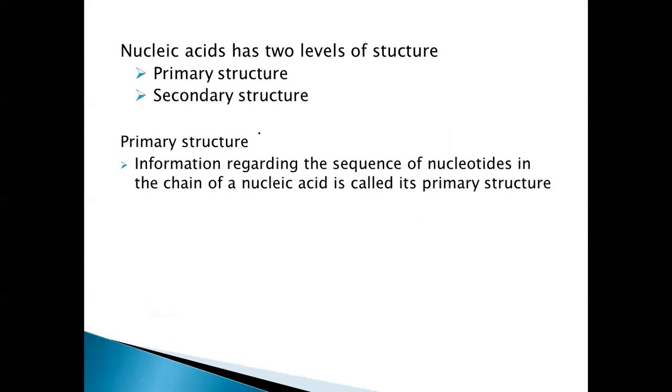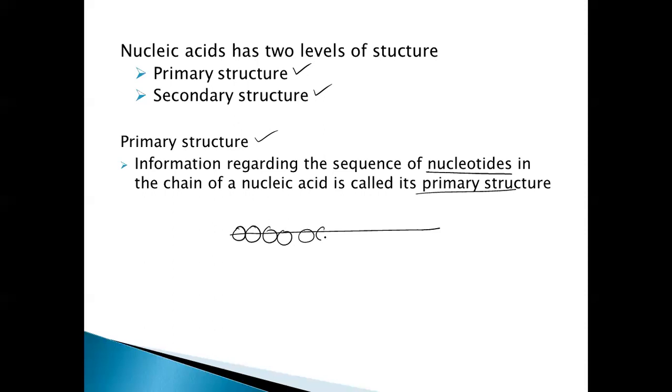Here, the nucleic acids, if you see the structure of it, can have two levels of structure, primary structure and secondary structure. So if you look at the primary structure, this is nothing but the sequence of nucleotides, how they are arranged. That forms a primary structure. So if you take the nucleic acid here, these are the nucleotides.